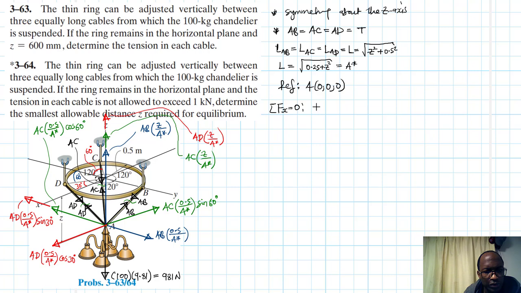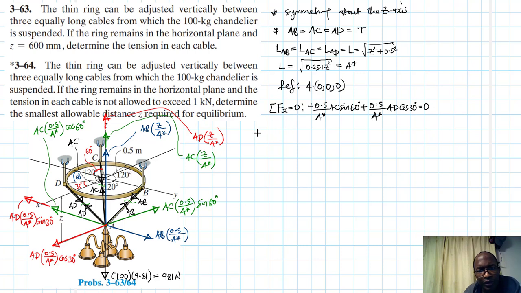So this is going to be equal to, let's start with AC, negative AC, so negative 0.5 divided by A star, AC sine 60, plus AD, 0.5 divided by A star, AD cos 30, equal to 0.